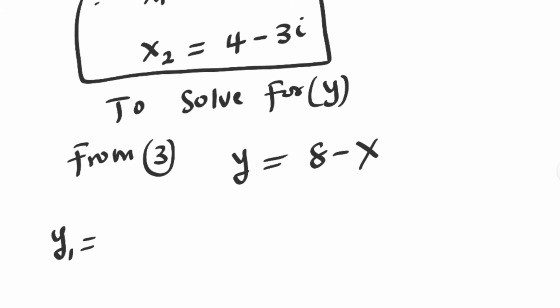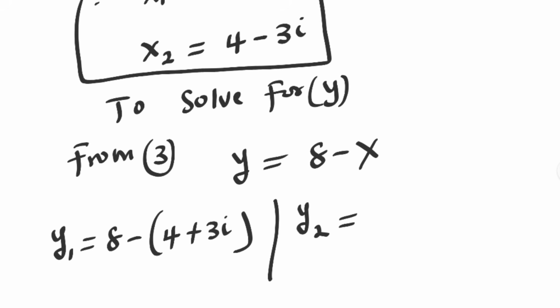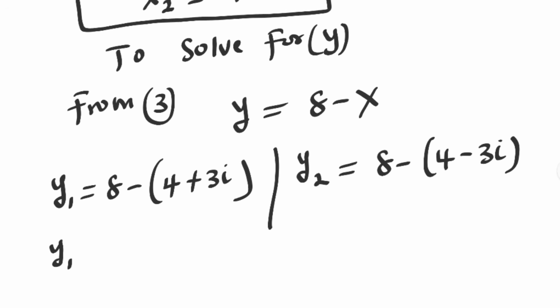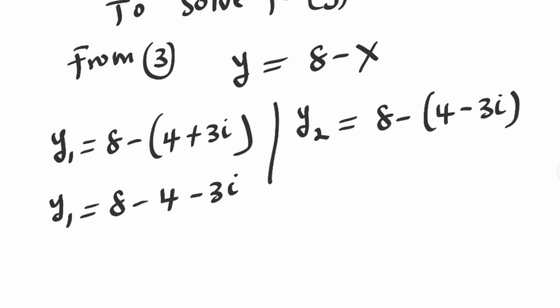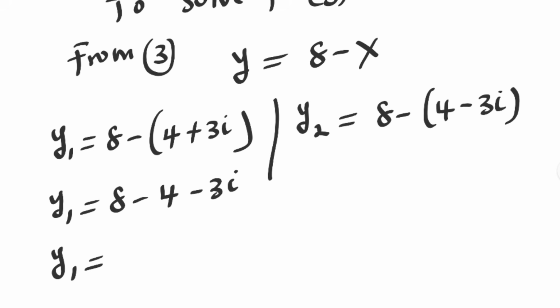y1 is equal to 8 minus x1, which is 4 plus 3i, and y2 is equal to 8 minus x2, which is 4 minus 3i. y1 is equal to 8 minus, if you open the bracket with this negative, we have 4 minus 3i. y1 is equal to 8 minus 4.